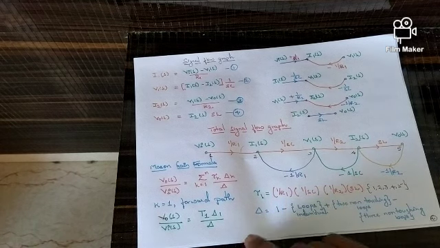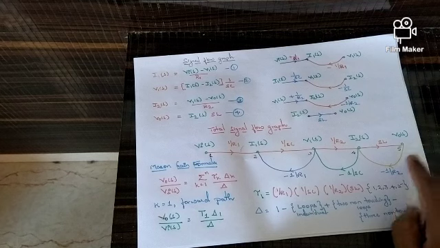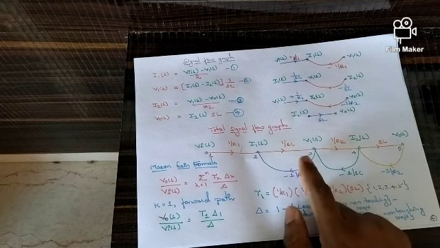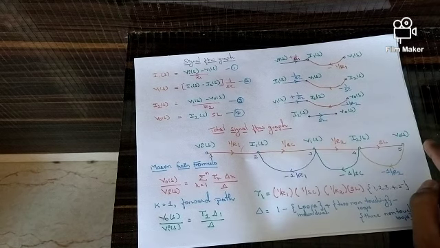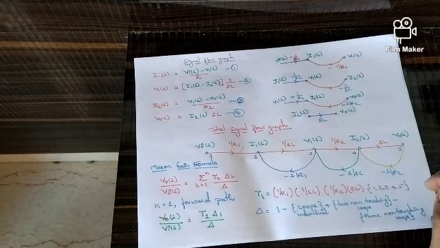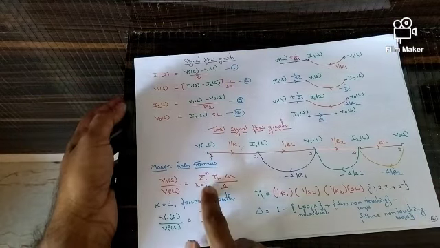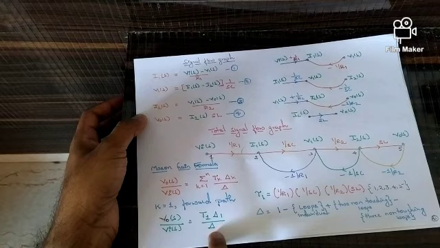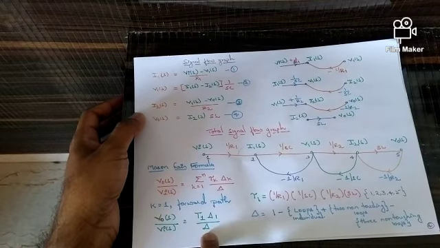It is good if you write the numbers for this and consider all the numbers here. It will be easy for us to see which loop is touching the forward gain path, and which loop is non-touching for the forward gain path. So since k is equal to 1, the formula will be reduced to T1 delta 1 divided by delta.